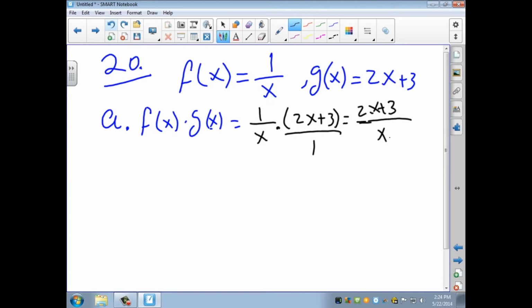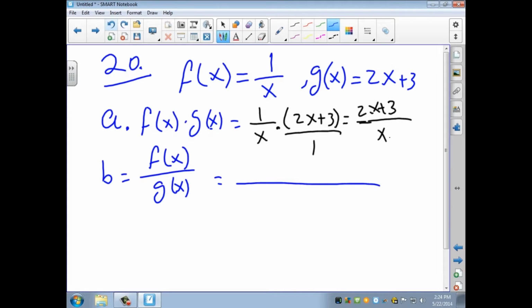B, it says f of x divided by g of x. Well, simple. F of x is what? F of x, right here. F of x is 1 over x divided by g of x, which is 2x plus 3.